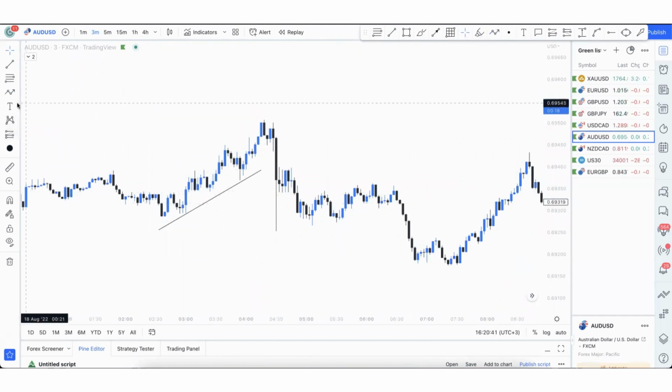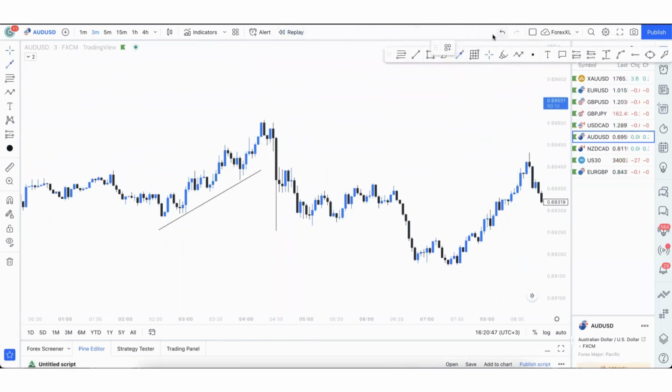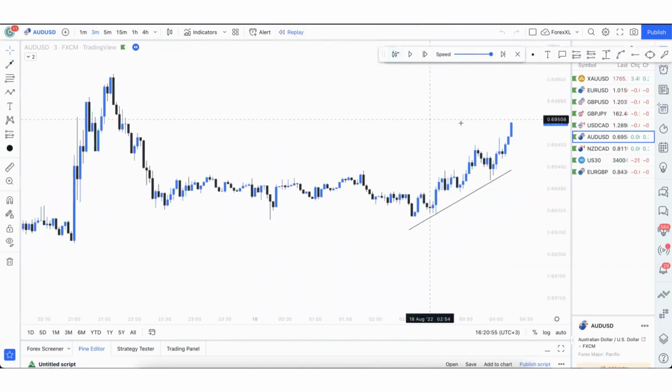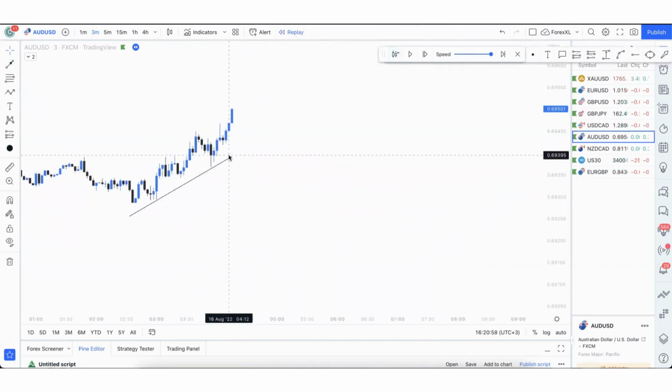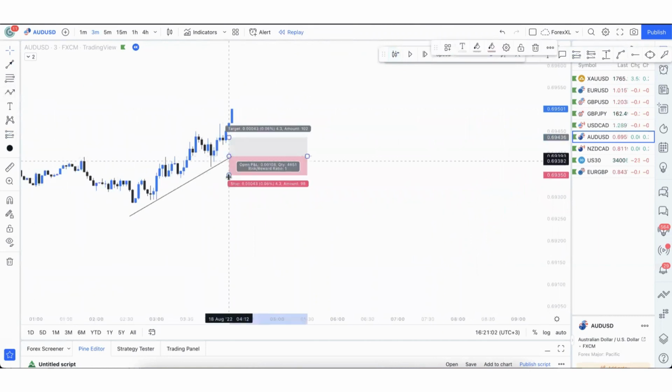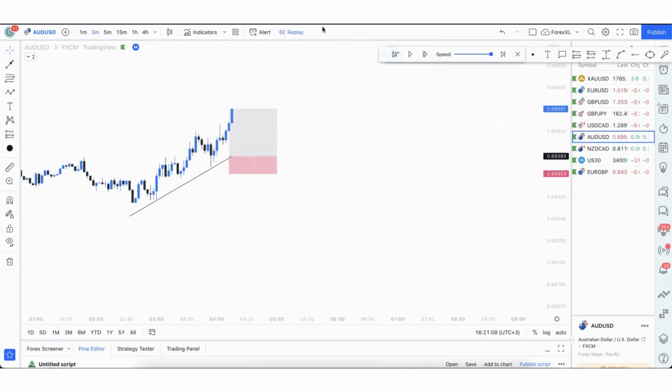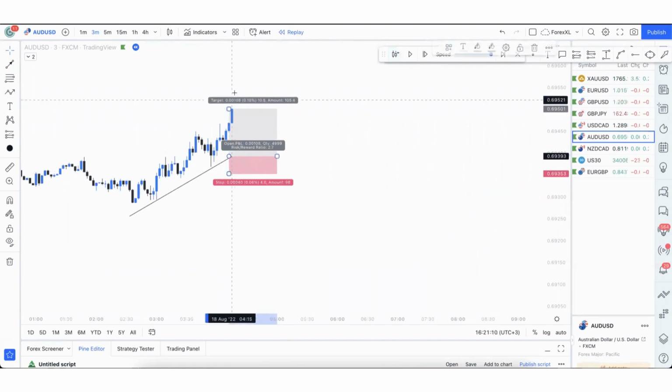If the price, for example, goes here, you will put your buy trade in this one and then take profit here.